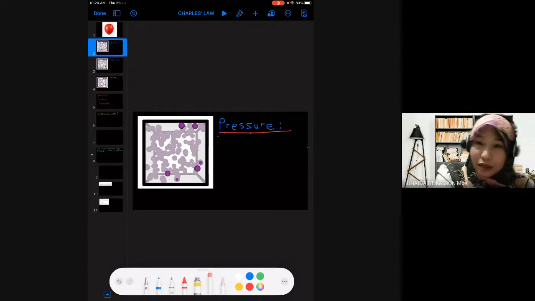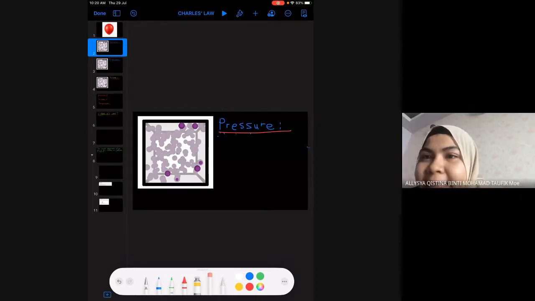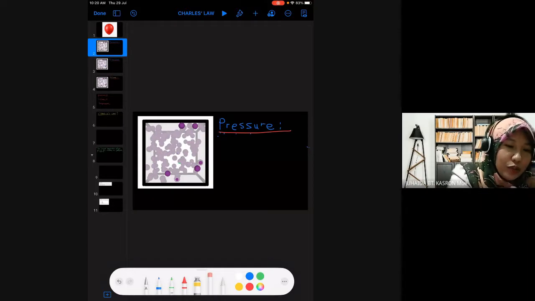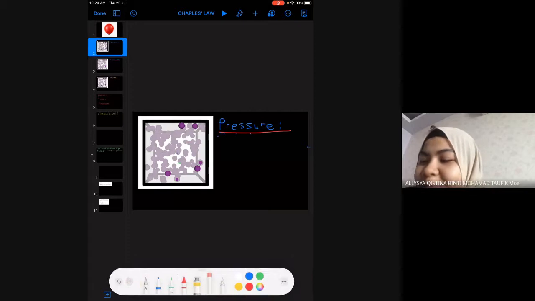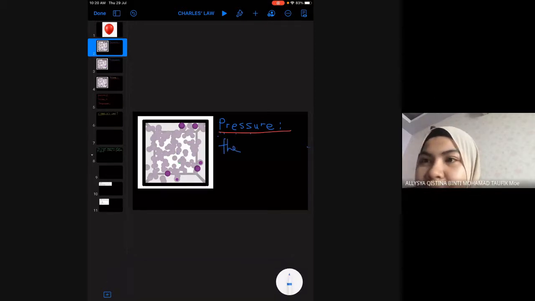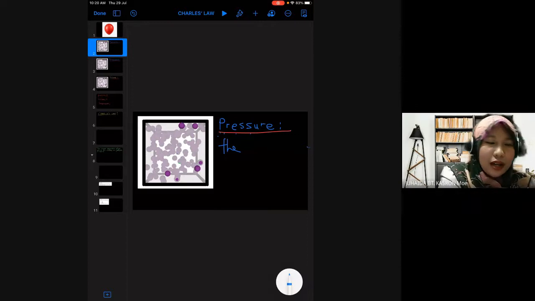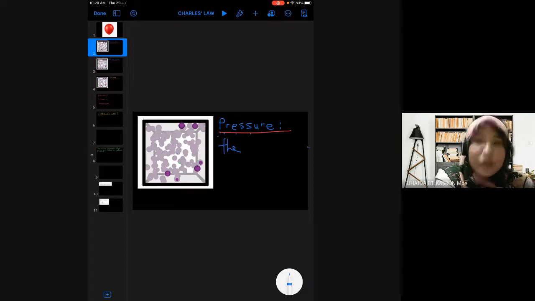Okay, can you repeat it again? The greater the pressure, the faster the collision between particles and the walls. It should be the other way round. It must come from the speed of the particles hitting the wall first. Then it will respond to the pressure.